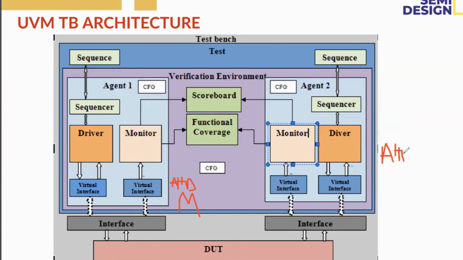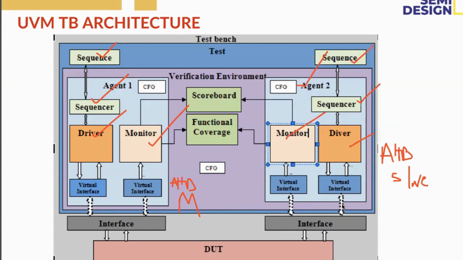So one agent is the master, another agent is the slave. In that case, we can call it write sequence, write sequencer, write driver, write monitor in terms of master. And here read sequence, read sequencer, read agent, read monitor, read driver.